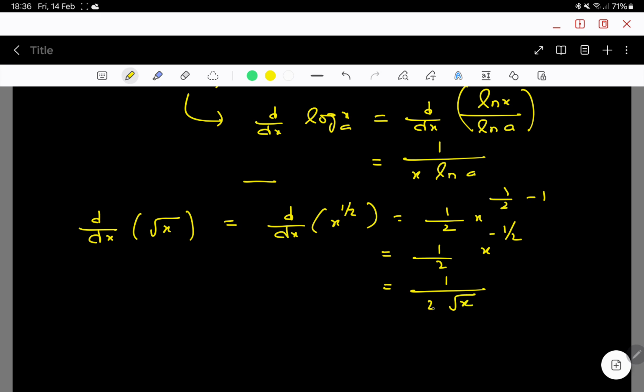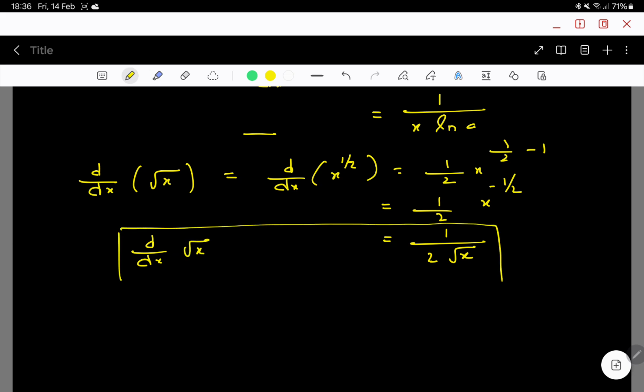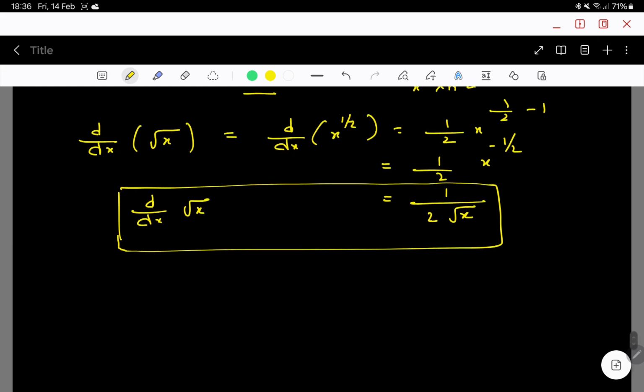Okay. So d by dx of root of x is 1 by 2 root of x. D by dx of 1 by x, not x square, that is minus 1 by x square.